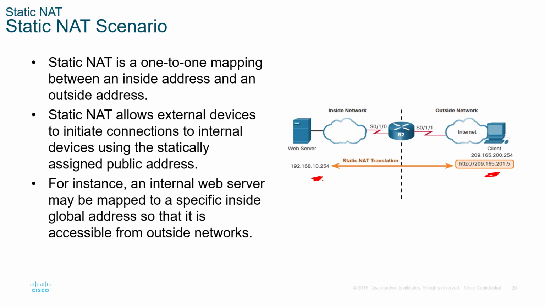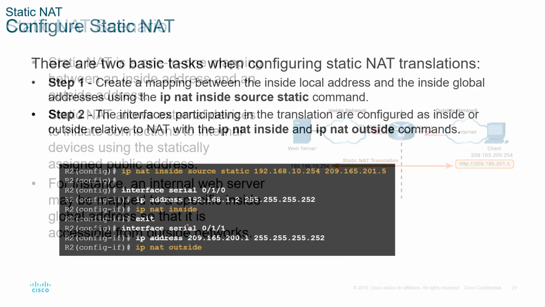This static NAT allows for that. We'll look at dynamic and we'll discuss why it doesn't allow as well. For instance, an internal web server may be mapped to a specific inside global address so that it is accessible from outside the network. That is a scenario for static.